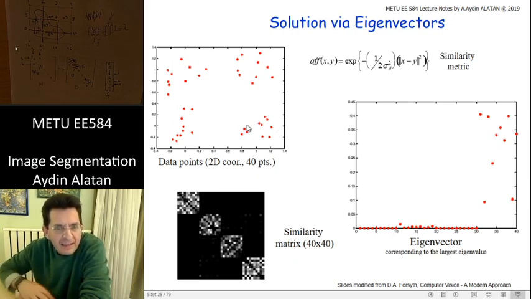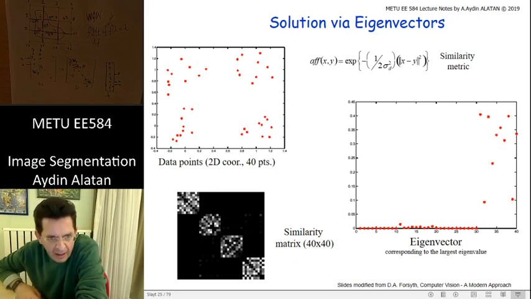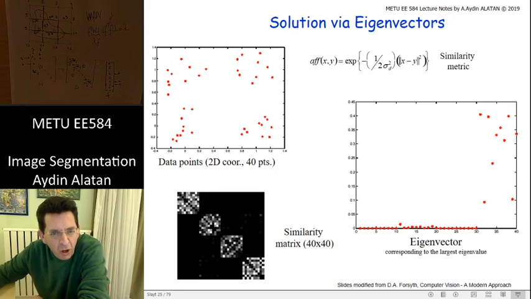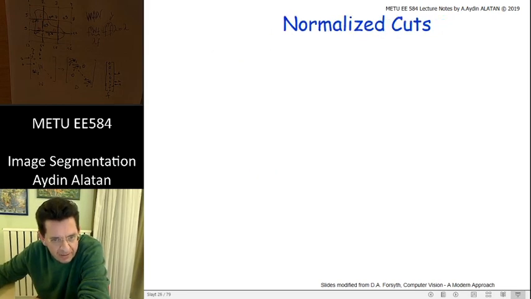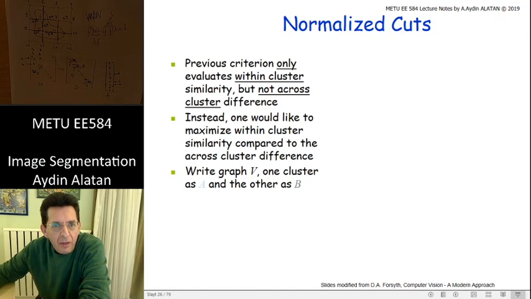Okay, this is a very simple approach, a very beautiful approach in a way, to determine the positions of clusters. Now, the only problem here is this criterion I have told you only evaluates within cluster similarity. It doesn't say anything about the across cluster.